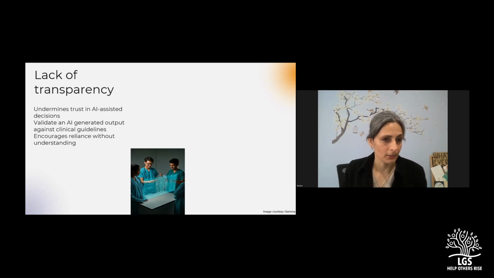It also encourages reliance without really understanding, because I don't understand a lot of coding. I've never done coding in my life. So when you tell me it's using X, Y, and Z, I have to really exert myself to understand what's happening on the back end, and not a lot of people have that kind of bandwidth.